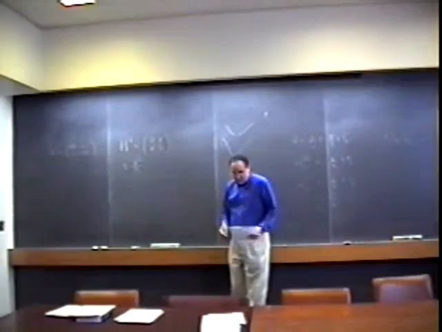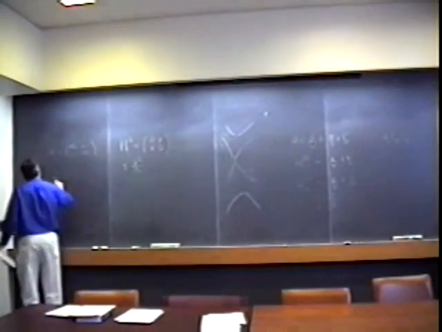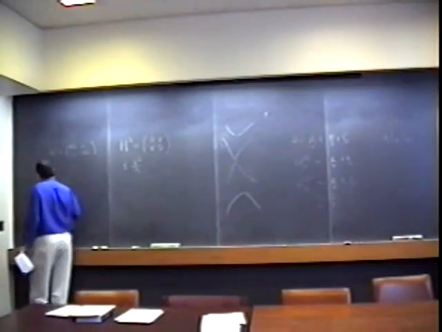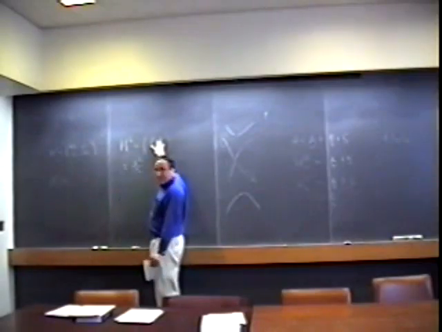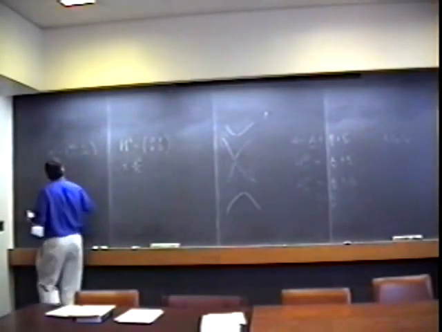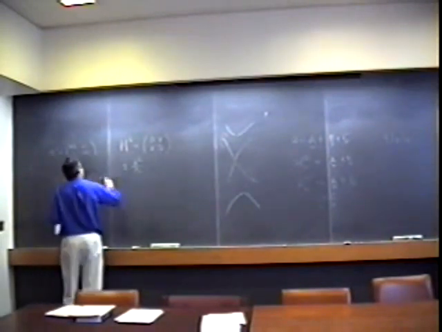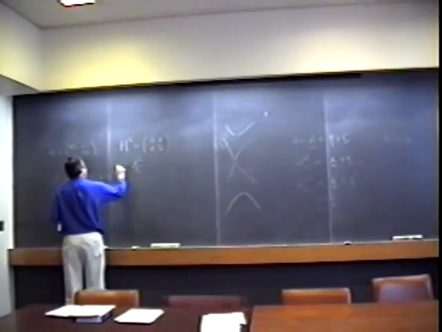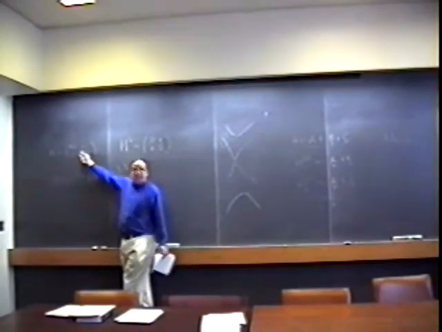So what I'm going to do is go to the basis set, or go to the eigenvectors of this. Those are 1 over square root of 2 times |1> plus or minus |2>, where these are the eigenvectors of this.